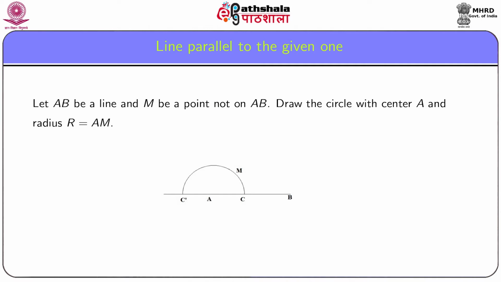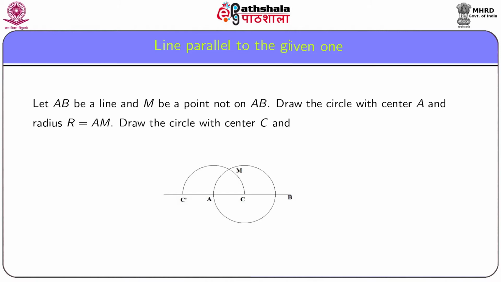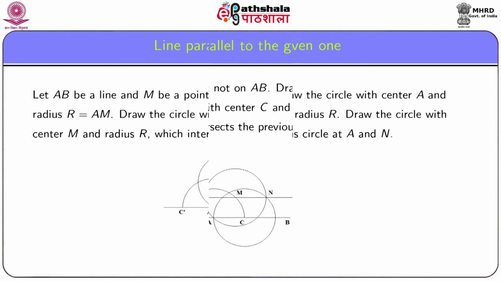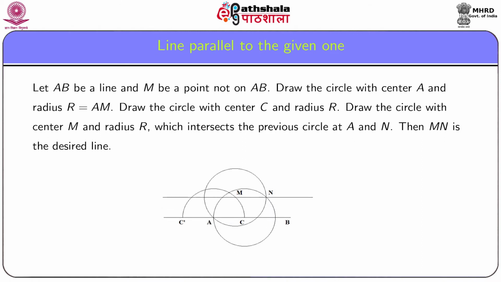Denote this radius AM by R. Then draw the circle with center C and radius R. Then draw the circle with center M and the same radius R, which intersects the previous circle at A and N. Then the line MN is the desired line, and it is unique.